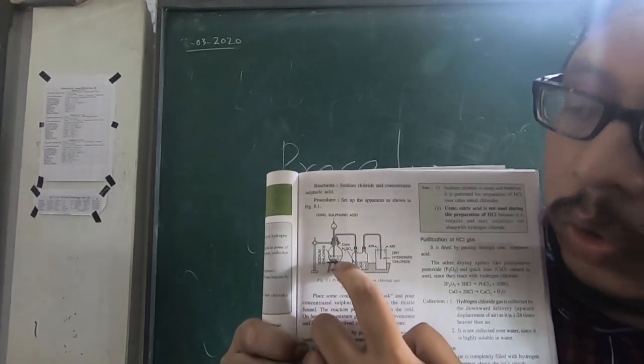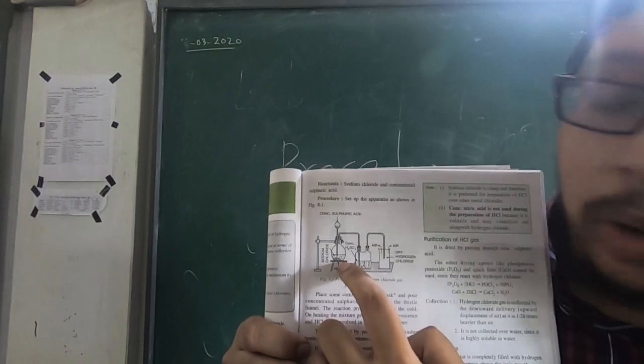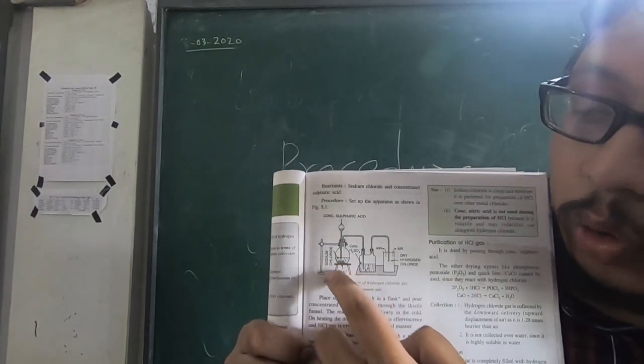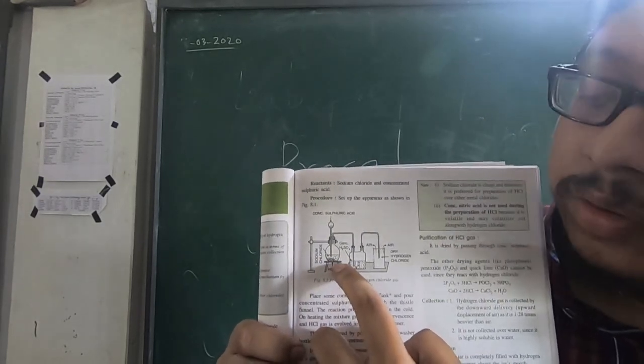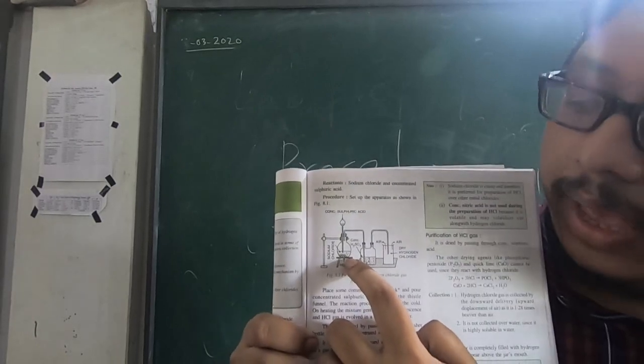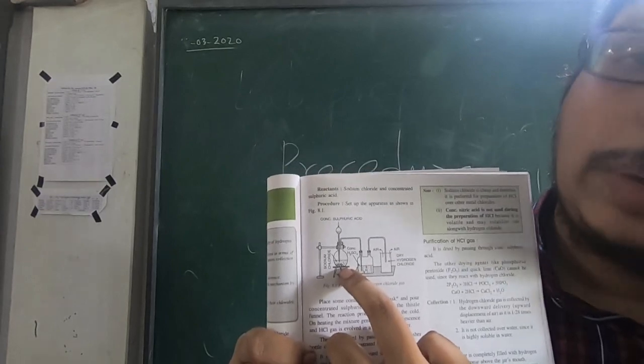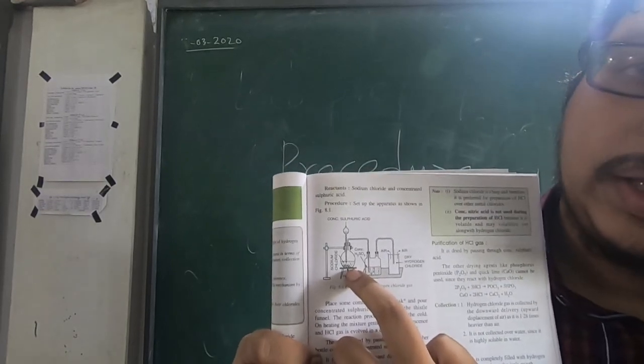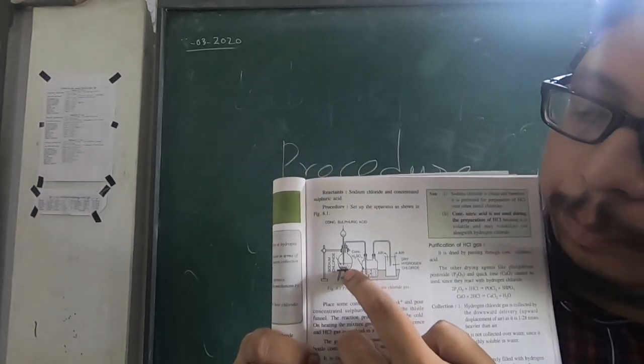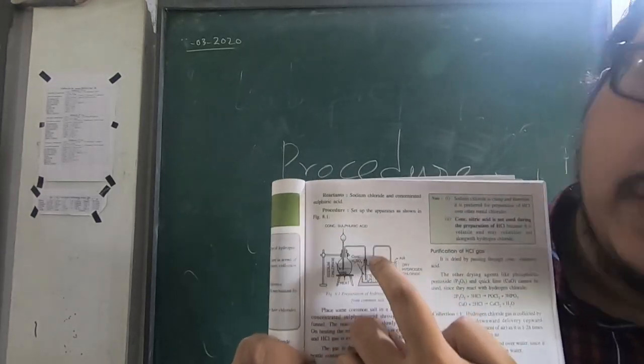We are pouring it down, and in the round bottom flask, we have sodium chloride and also sulfuric acid. Now what will be produced? HCl gas will be produced, which will pass through this delivery tube.